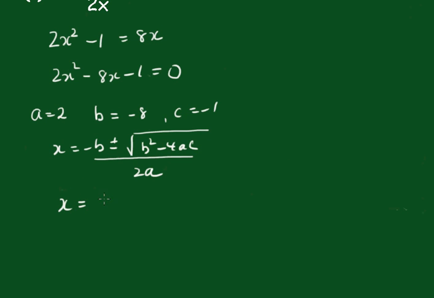So x equals, now this will be minus 8, so watch this, that's a plus 8 now, plus or minus square root, that's a common error. Here we go, 64 minus 4 times 2 times negative 1, all over 2 times 2, which is 4.